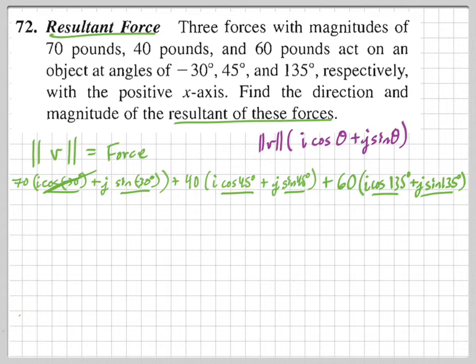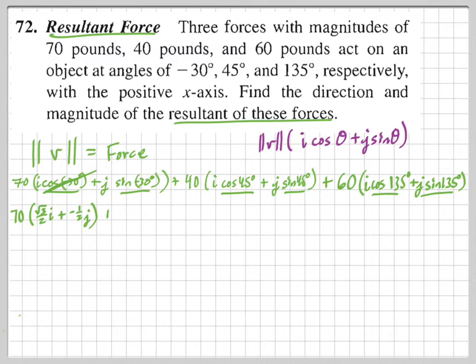It's going to be rad 3 over 2. And then sine of negative 30 degrees is going to be negative 1/2 j. We have to multiply that all by 70.